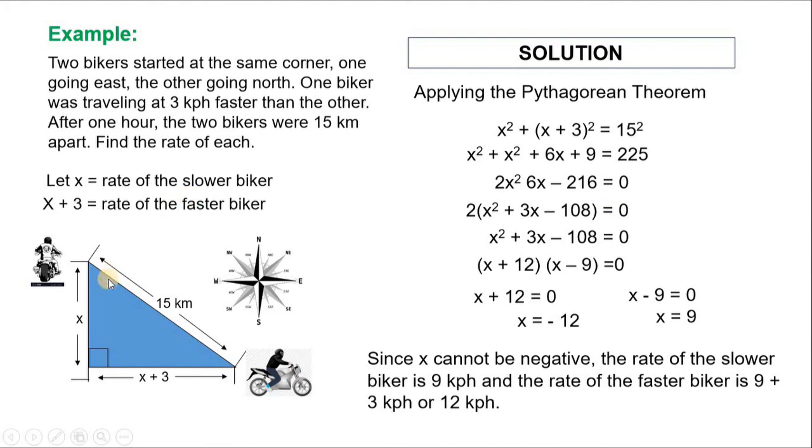Okay? So x is 9, so this is 12 km per hour. Again, when it is distance or length or width, we only take the positive. Okay? So that's the end of this video, solving problems involving quadratic equations.